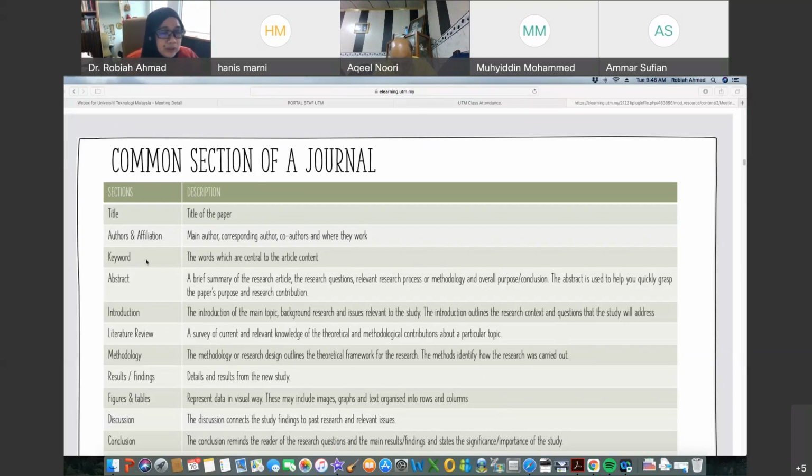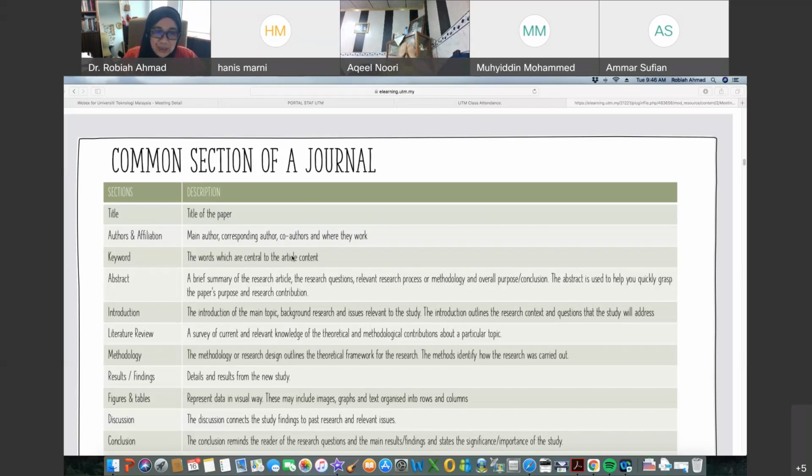Keywords are also needed, especially when new researchers like you want to find journals. Keywords help the researcher get to the papers. And then the abstract. This is the most important part of the journal.